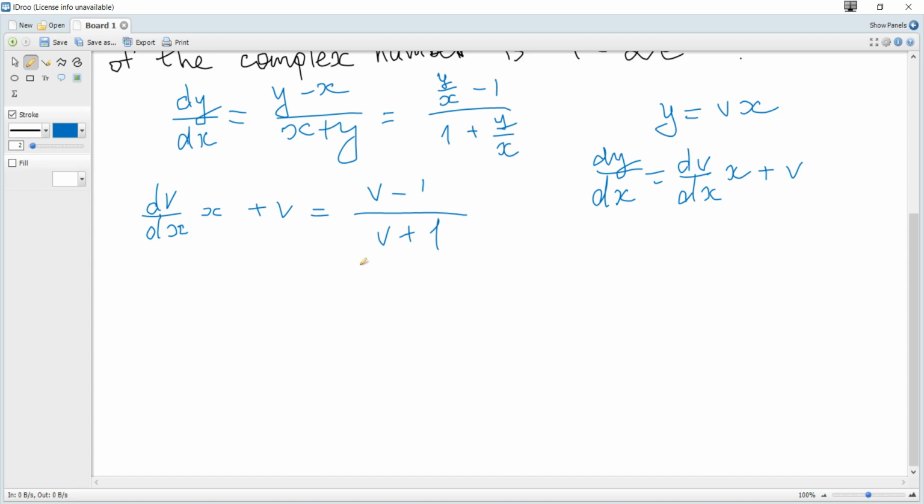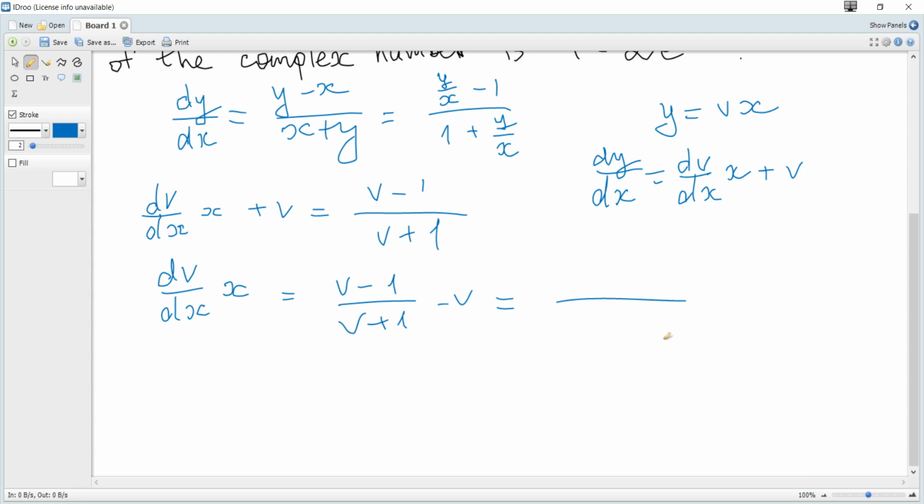And how to solve this obtained equation? We can see that if we move this v to the right, we can separate variables and solve by separating variables. So it becomes dv over dx multiplied by x is equal to v minus 1 over v plus 1, minus v.